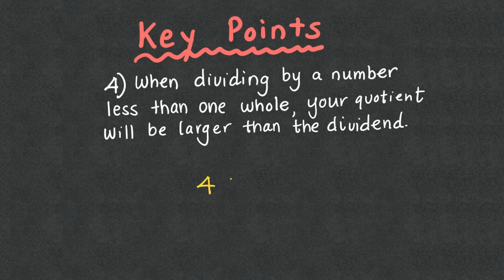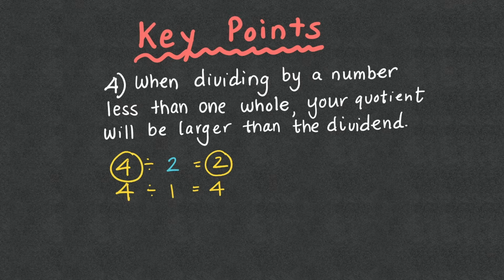If we did 4 divided by 1, we know that's going to be equal to 4. Right? That's something we know. If we did 4 divided by 2, which is what we're used to, we know that's going to be equal to 2. Right? We're used to division making numbers smaller. So 2 is smaller than 4. We know dividing by 1 keeps it the same.